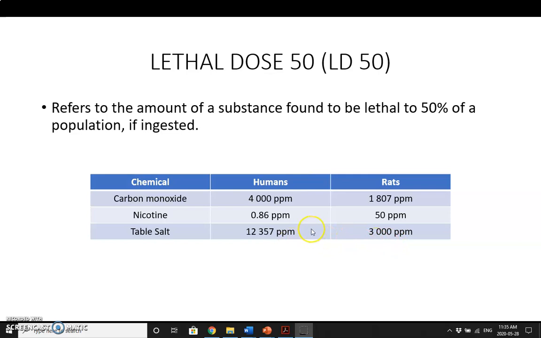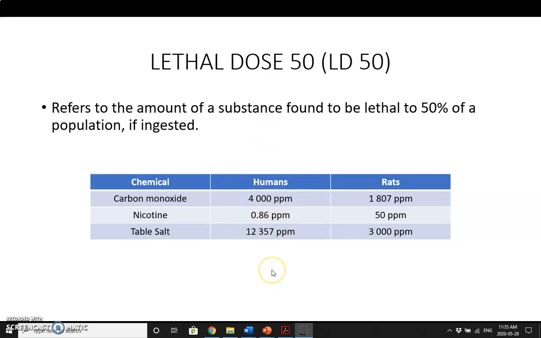Any dosage of a particular concentration of a particular chemical can still be lethal if you take enough of it in. There are huge charts for this that show a variety of LD50s for all different types of substances.